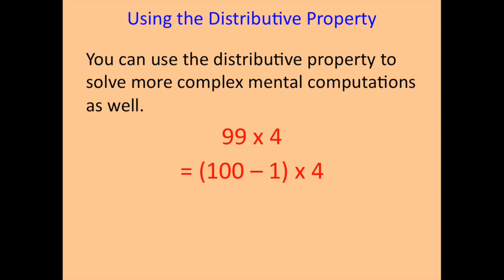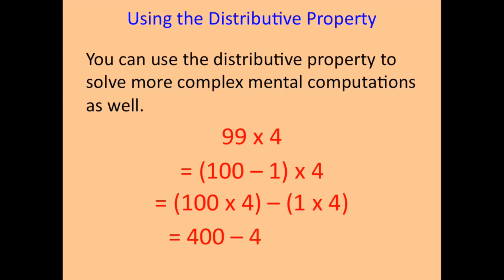I could then rewrite my problem as 100 minus 1 times 4. I then need to distribute my multiplier. My multiplier is 4. And to have 99 groups, I'll need 100 groups of 4 minus 1 group of 4. I then can solve my parentheses. 400 minus 4 equals 396.